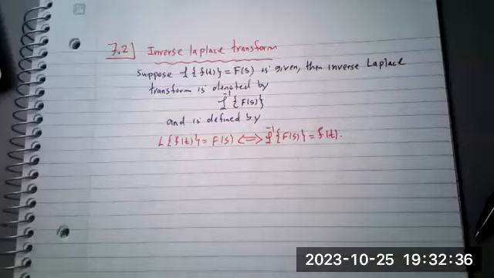The Laplace of a power of t: Laplace of t to the n is n factorial over s to the n plus 1. Laplace of the exponential function: Laplace of e to the at is 1 over s minus a. And the Laplace of a sine or a cosine.